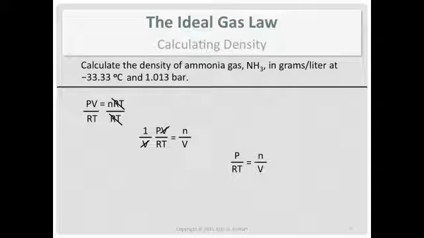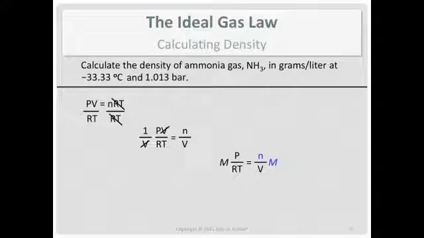Let's modify this by multiplying both sides by the same value. And we'll multiply both sides by the molar mass, italicized M. Why do that? That's an excellent question. Let's look at the right side. We have moles, n, times grams per mole.